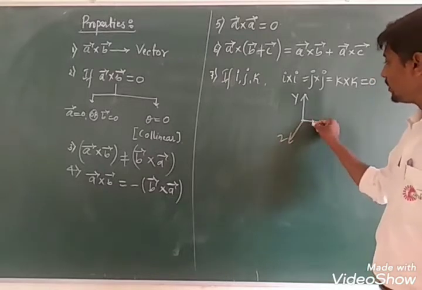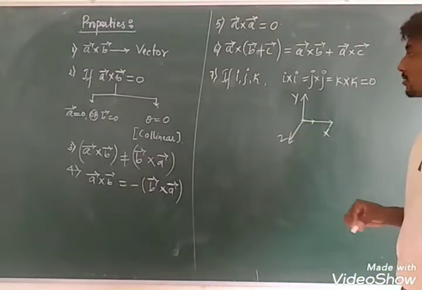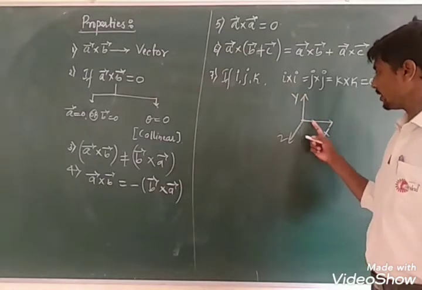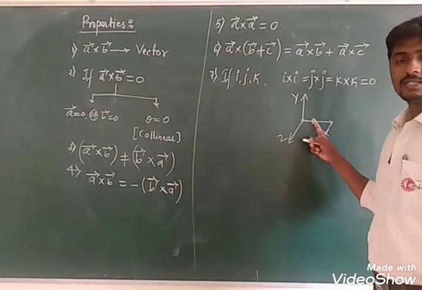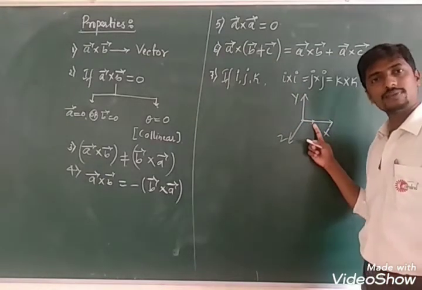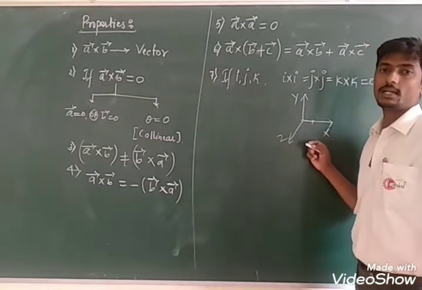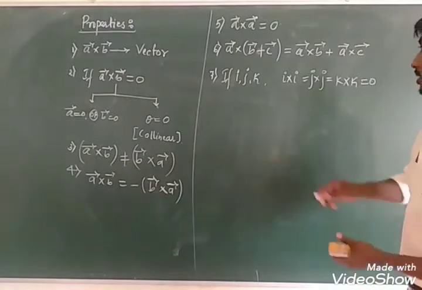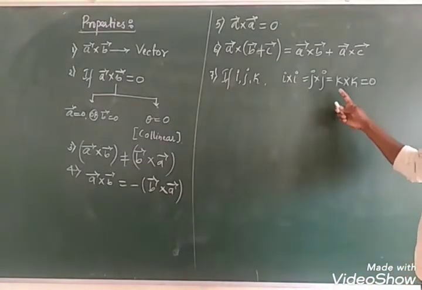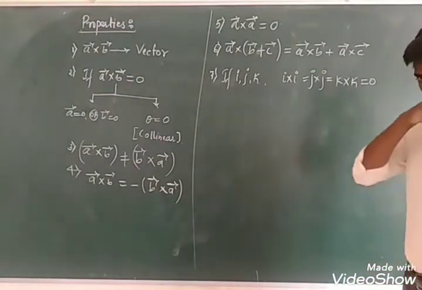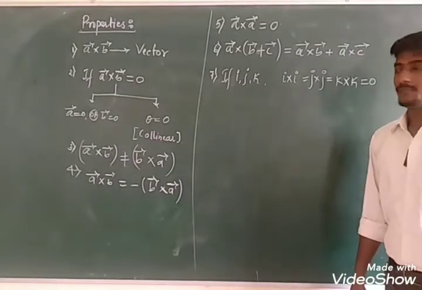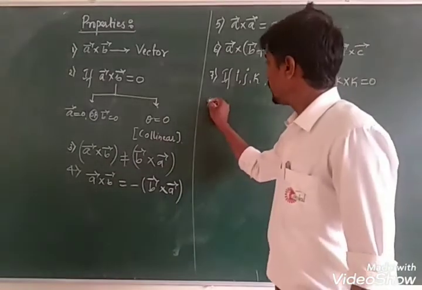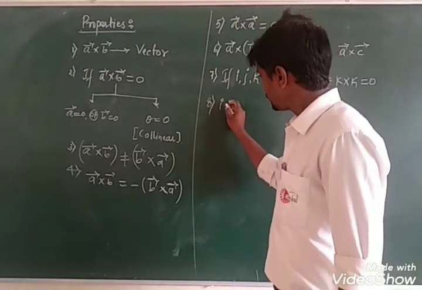I is traveling in the direction of the x axis. So in I cross I, the angle between the two vectors is 0, and sine 0 is again 0. That's why I cross I, J cross J and K cross K are 0.